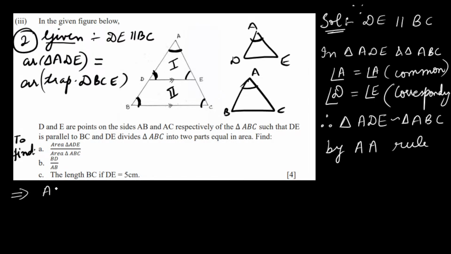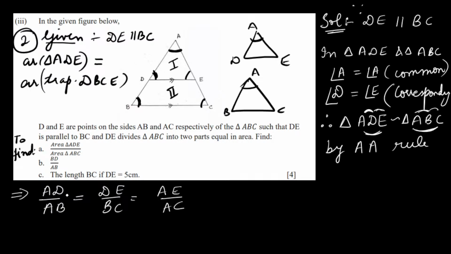That means AD by AB is equal to, the corresponding sides I hope you remember, DE by BC, which is equal to AE by AC. So AD by AB is equal to DE by BC is equal to AE by AC.